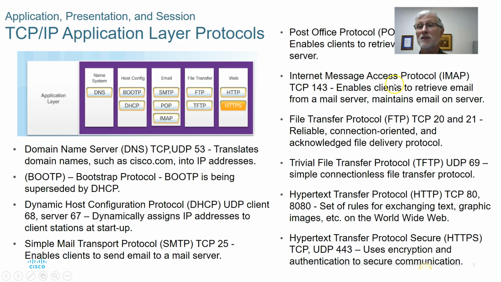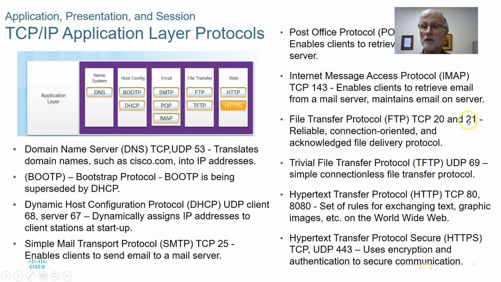Now, this retrieves email from a mail server. File transfer just allows me to transfer files. It's reliable, connection-oriented. So what am I going to do? That means I'm going to have session initiation, startup. So if I want it reliable, which transport layer protocol? You can use TCP.